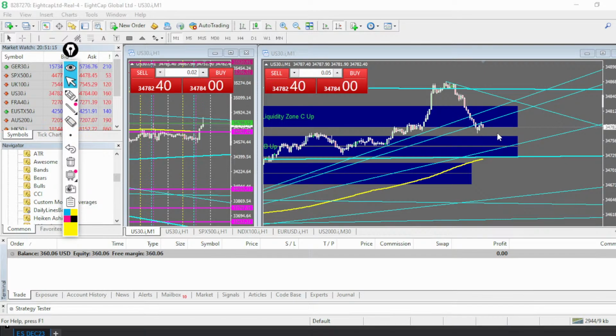Let's see if we come back to the low. Okay, we came back to the low, so that's a nice indication that we could be very bearish right now. So you want to see price go sideways.